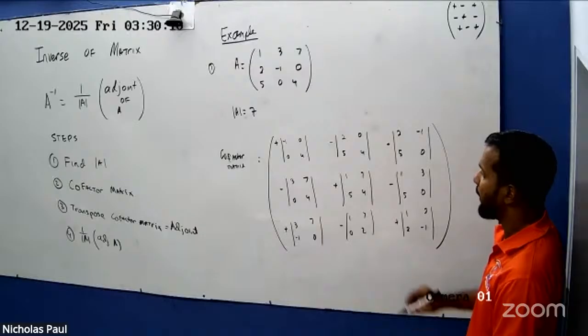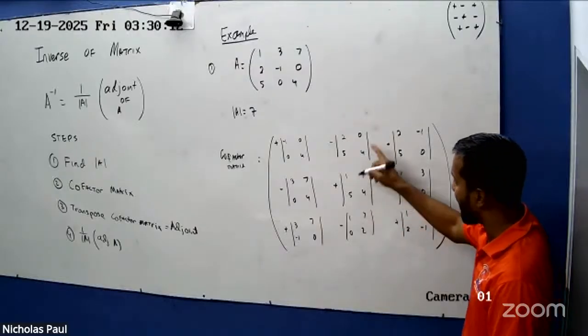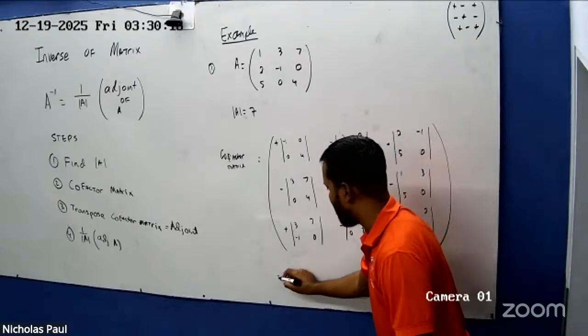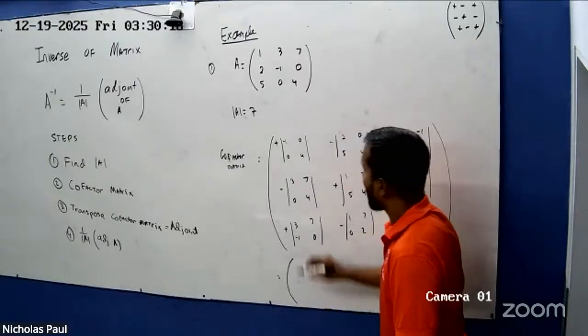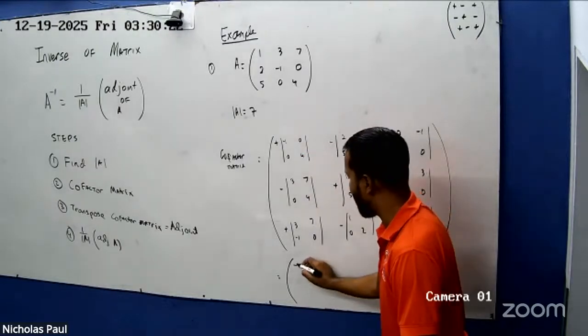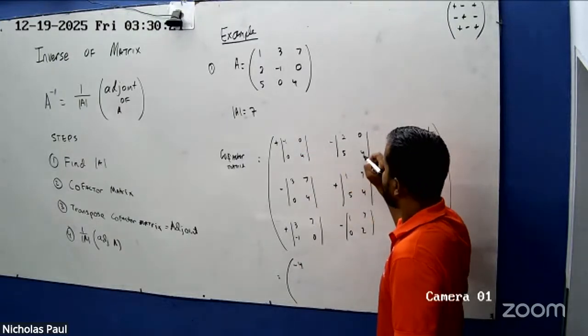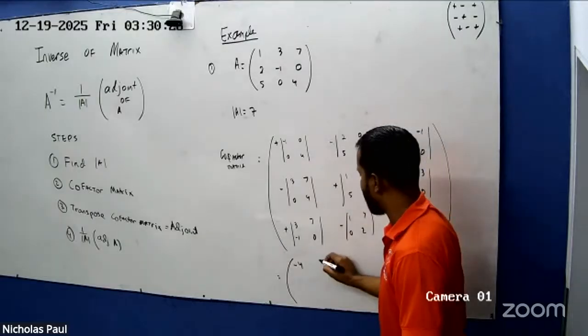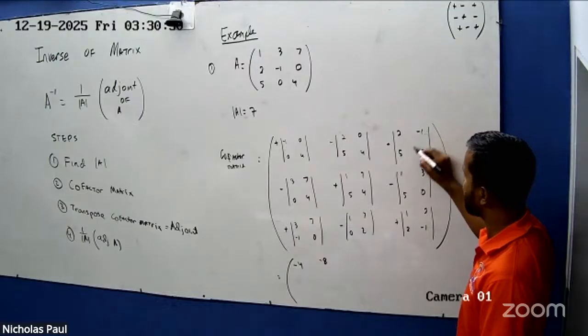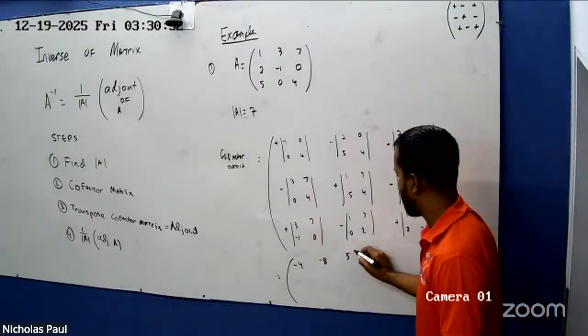Now I have to work all of these out. Minus 1 by 4 is 4 minus 0, so that's minus 4. This is 8 minus 0, so that's minus 8. Don't forget the sign on the outside. This is 0 minus minus 5, that's plus 5. Done with that.